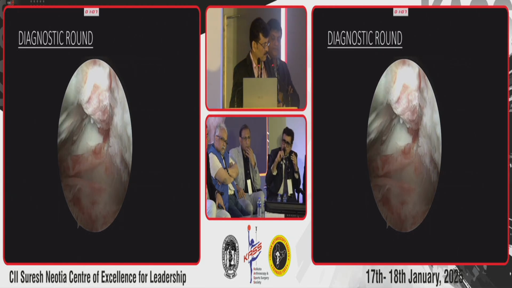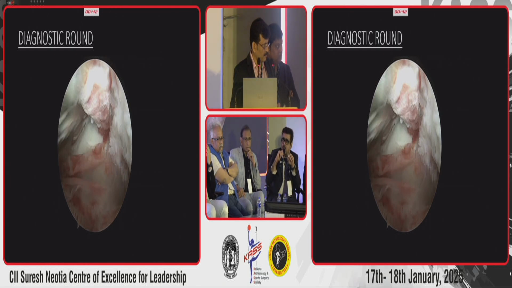So there is a capsule which is communicating and joining this fragment along with the root, or along with the meniscus at the back somewhere. So once I reduce the root, most of this fragment will be pulled back into that area which is raw. Once it is pulled back into that raw area, and I have attached the root very securely, I will not attach the root by one single tunnel.